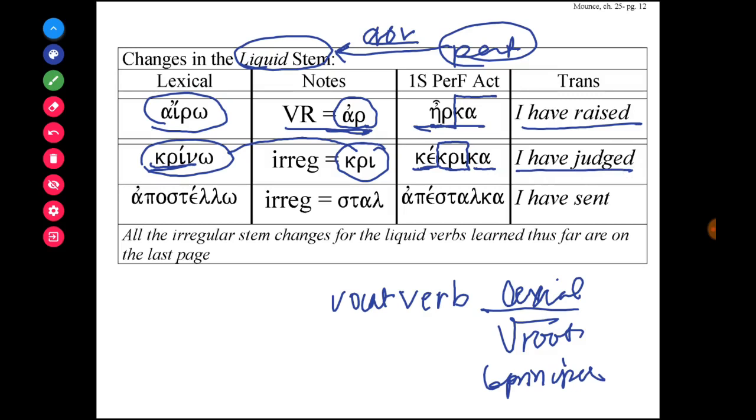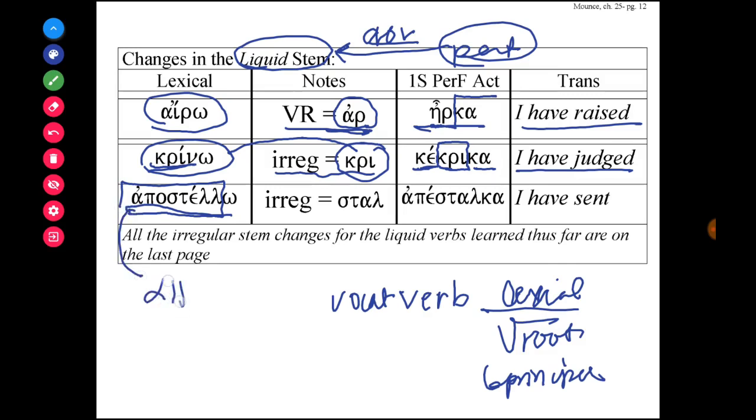And notice that it sounds easier to say kekrika than kekrinka. A lot of times the irregular stems that develop are simply a way for Greeks to say the word more easily. And then for apostello, here's a big stem change. Apostell with a double lambda is the lexical form.